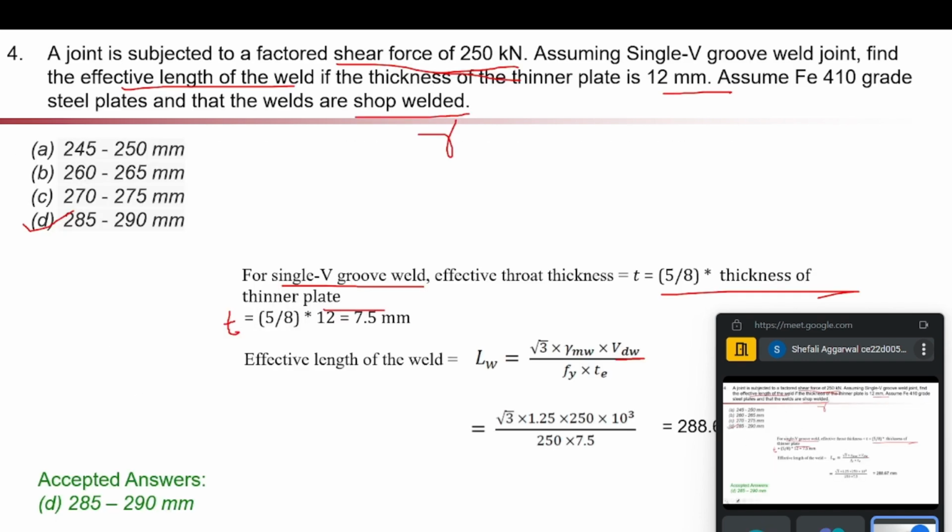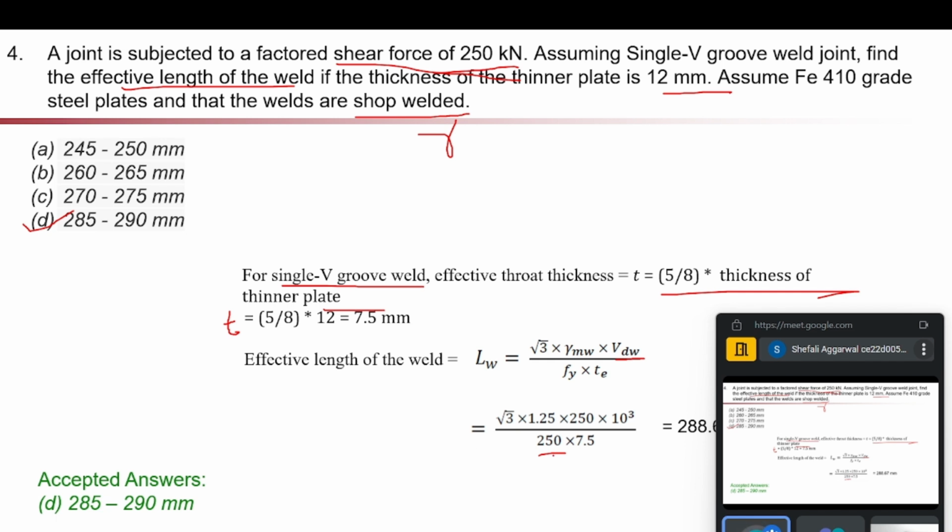Ma'am, a small thing. When we are calculating the design strength, we consider the Fy value, like yield strength. Here, while calculating the effective length of the weld, we used the Fy value, 250. So this is governing the strength of the joint weld, right?